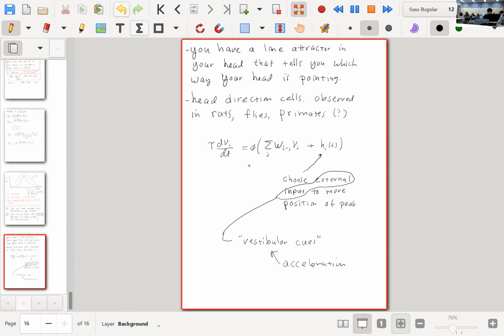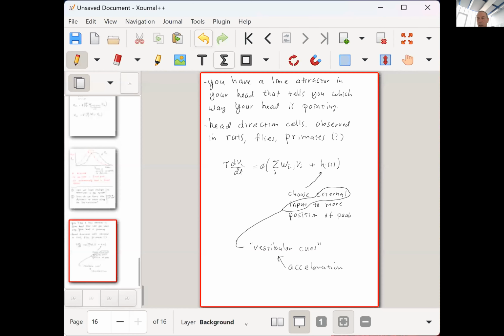I think there is maybe a writing mistake in the notes. A little mistake. Where?